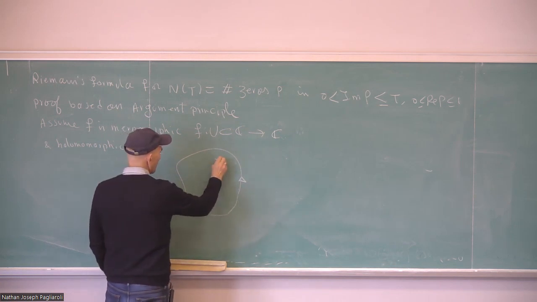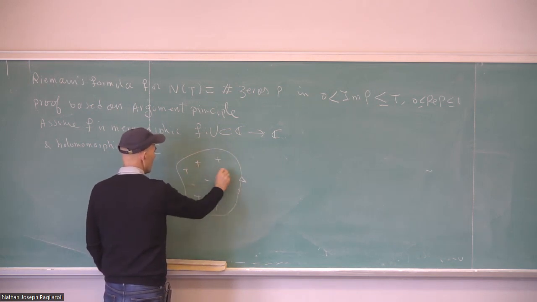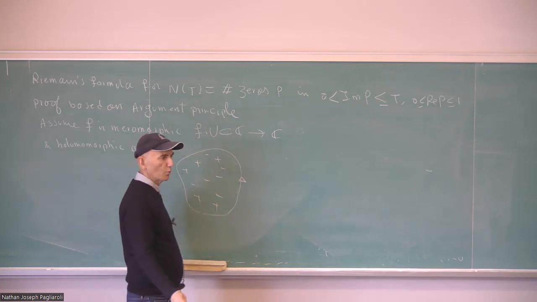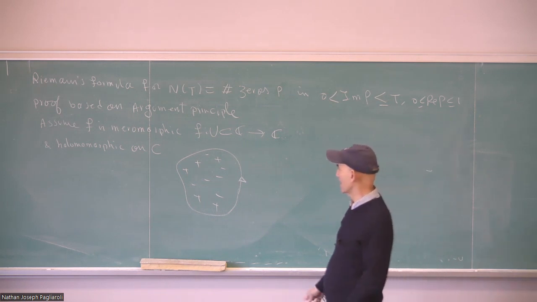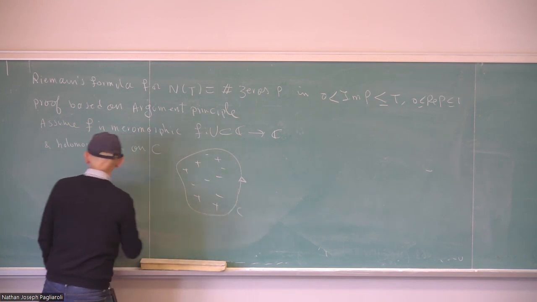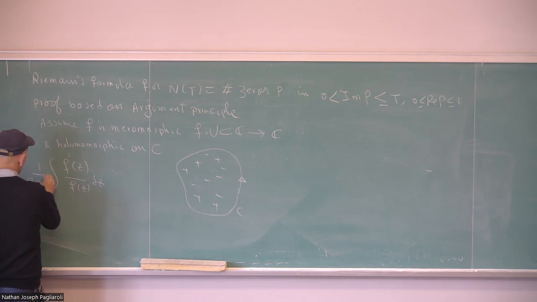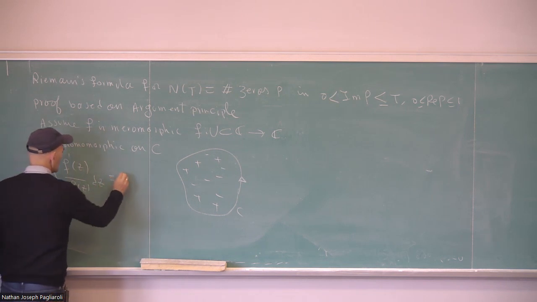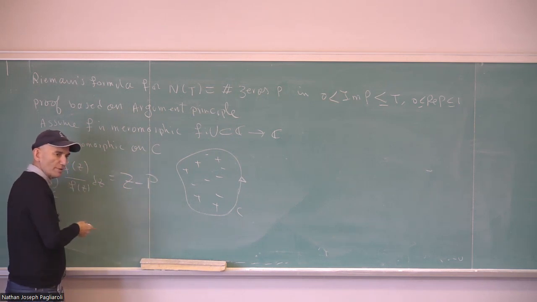So the function has some zeros and some poles. I denote poles by negative charges and zeros by positive charges. So this is your curve. The formula is that 1 over 2 pi i times the integral over C of f prime of z over f of z dz is equal to Z minus P. Well, Z is the total number of zeros and P is the total number of poles.